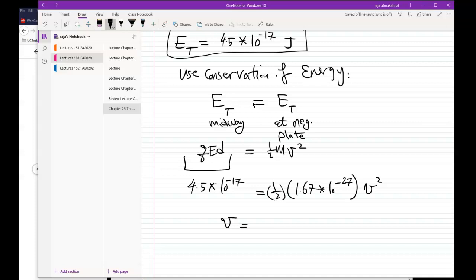When you work it out, I'm just going to copy the answer. He calculated it to be 2.3 times 10 to the 5th meters per second. And there we go. Got it? Okay, good.